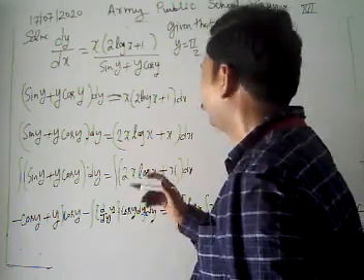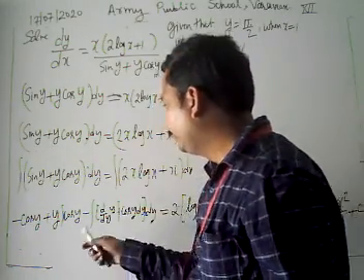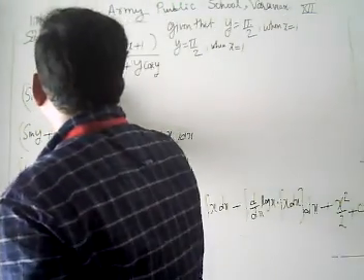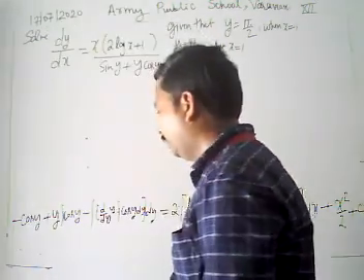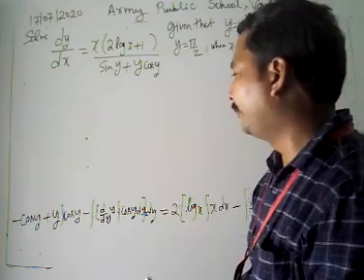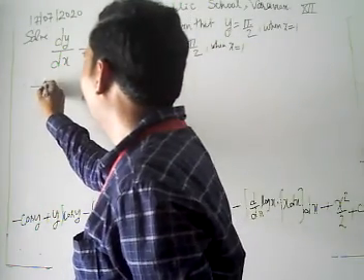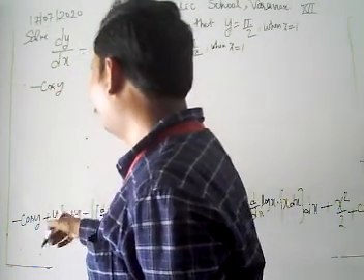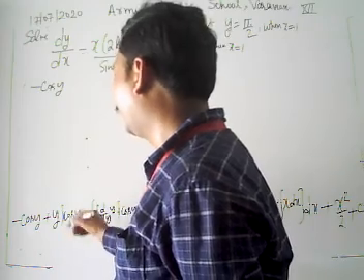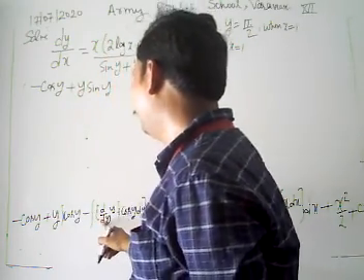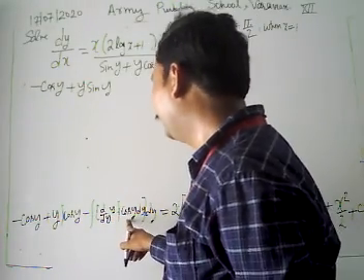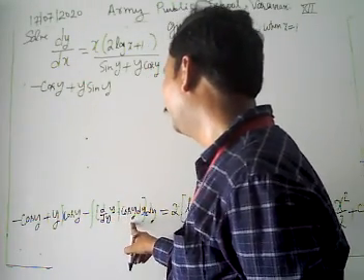Now look, we have to solve the integration properly. Let's see what we have now. It's minus cos y. Here we get sin y plus y sin y. The derivative of y is 1. Then the integral of cos y is sin y.